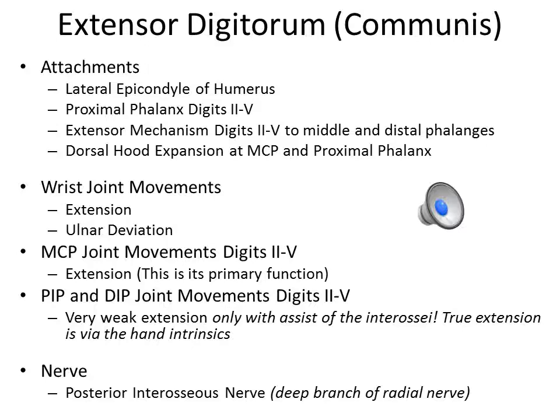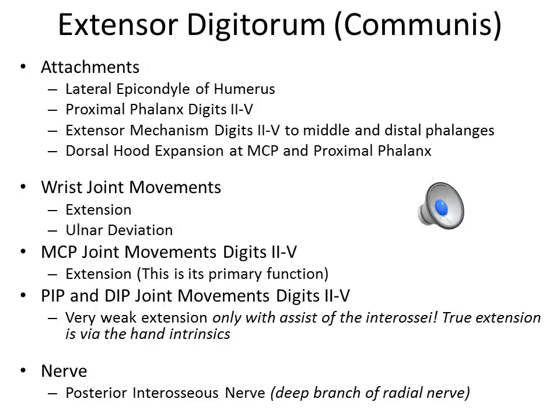The dorsal hood expansion is a triangular connective tissue expansion that connects the tendons of the interosseous muscles to the tendons of the extensor digitorum. The dorsal hood expansion is located on the dorsal aspect of the hand that covers the MCP joint and the proximal phalanges.